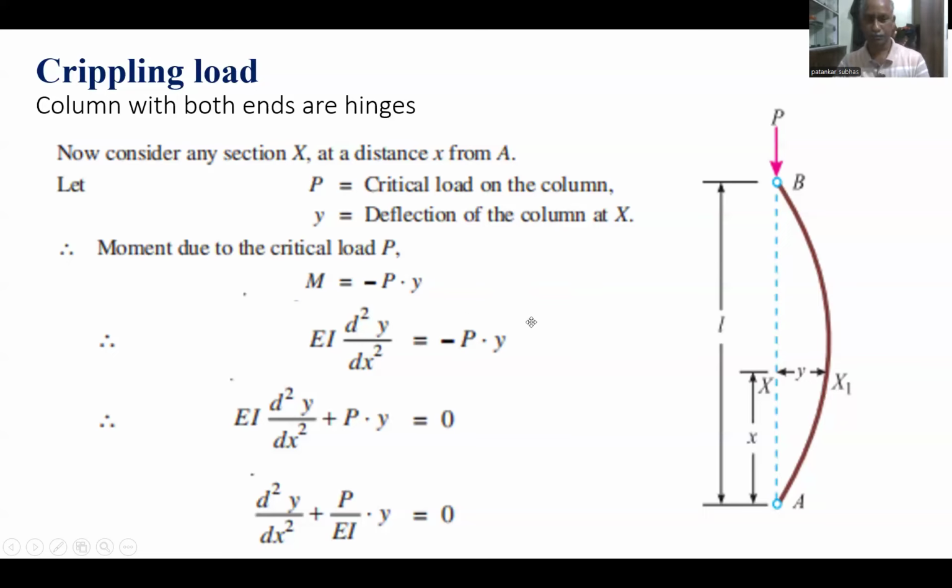Rearranging the terms, we get EI into d2y by dx square plus P multiplied by y is equal to 0. Dividing by EI, we get d2y by dx square plus P by EI into y is equal to 0.